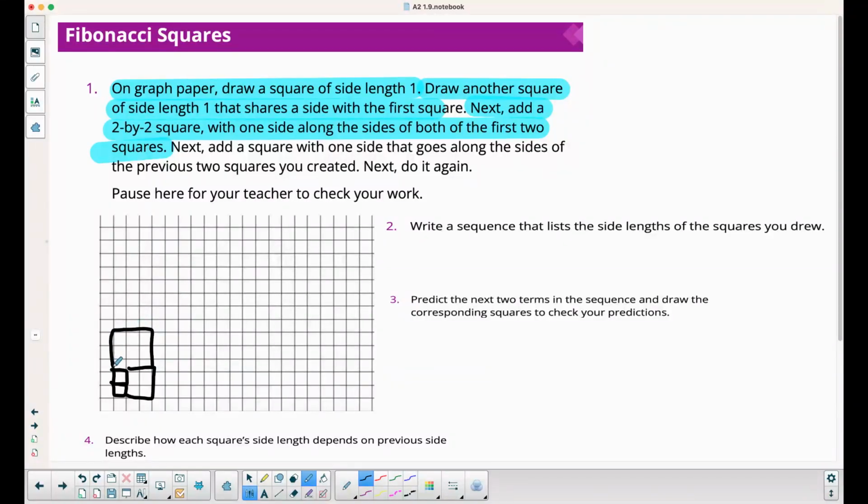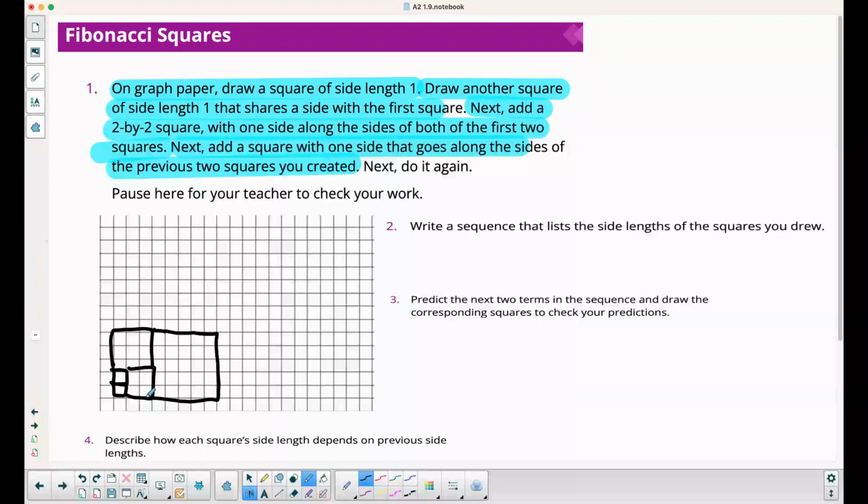It has to be a square. And then do it again. So I'm going to come over here where these 2 are on the right. How many is this? 1, 2, 3, 4, 5. Okay, cool. All right, so you should get something like that, depending on where you put your squares. Should look something along those lines.